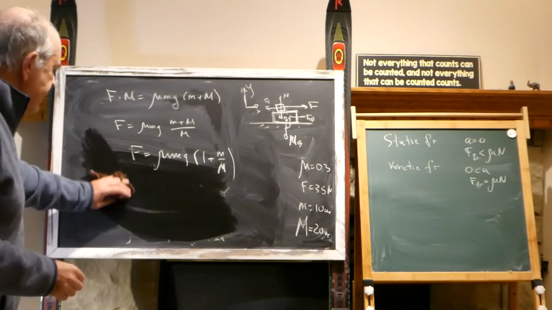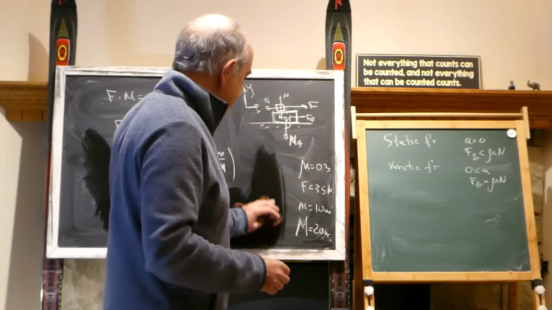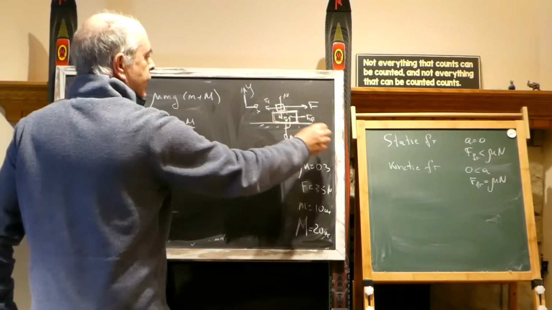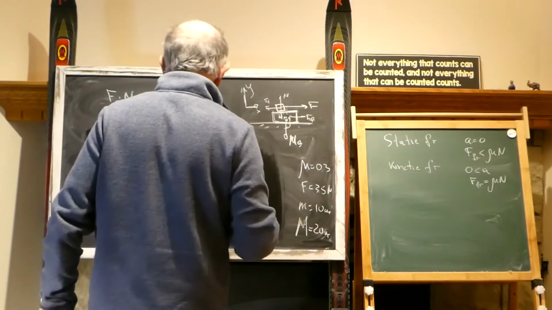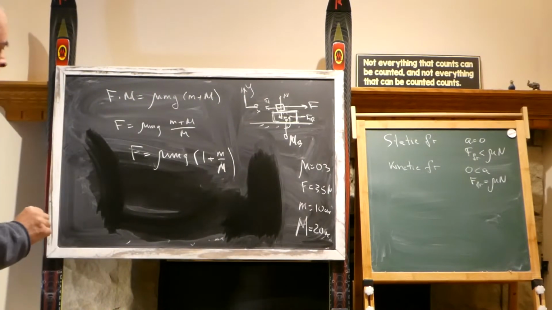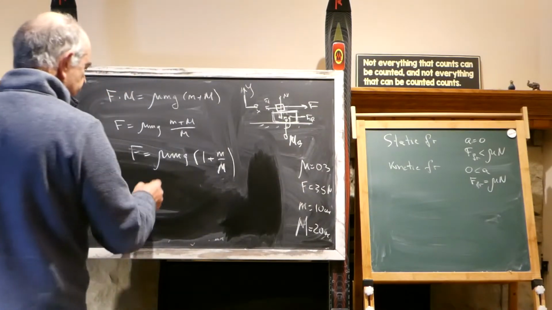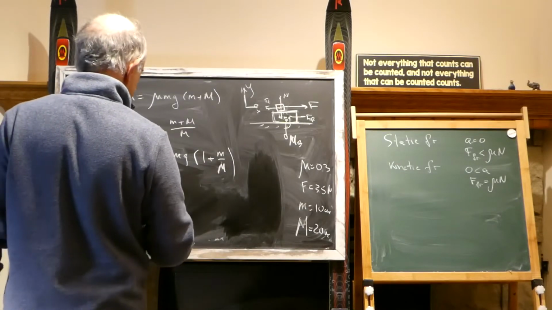And so this is a force that triggers kinetic friction, that triggers the slide of the top body over the lower body. And if you plug the numbers, you will see that the force that's applied is less.